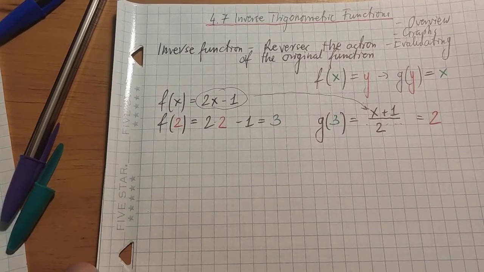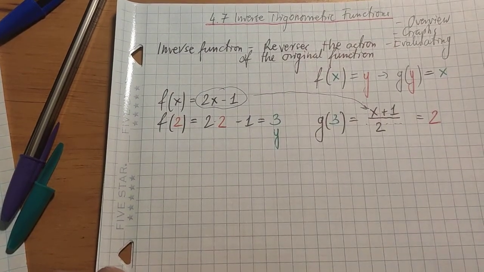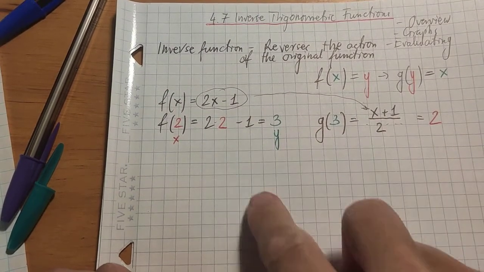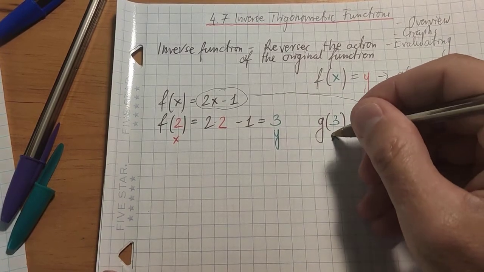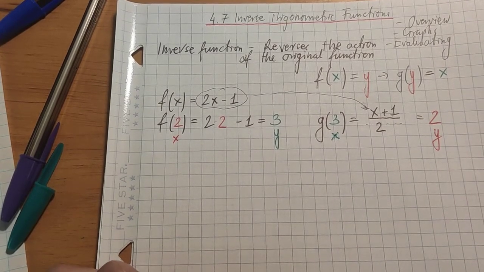And now I'd like you to look at what happened. This was my y, and this was my x in my original function. But in this function, this is my x, and this is my y.